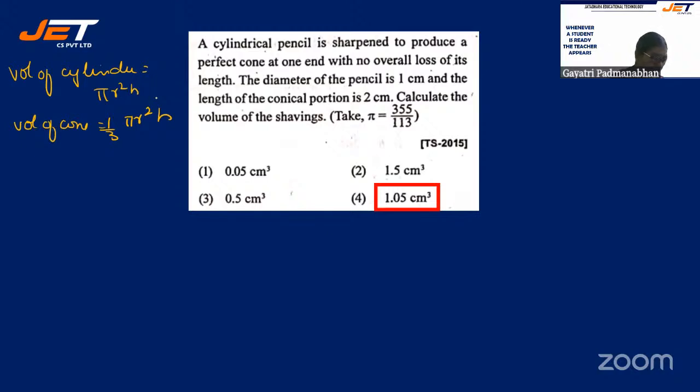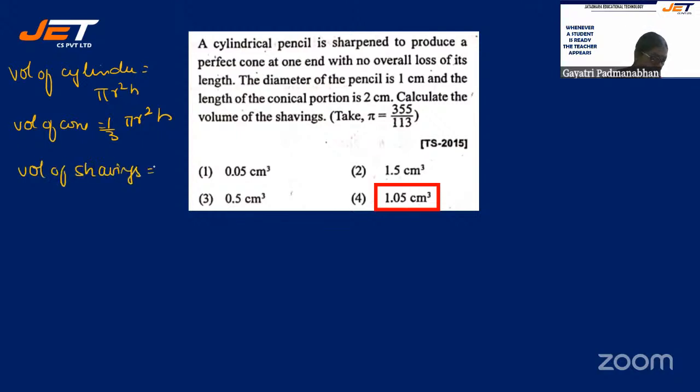So what is it that they are saying? They say that the diameter of the pencil, the cylindrical pencil, is sharpened to produce a perfect cone, which means that volume of the cylinder is equal to volume of the cone. So what is the volume of shavings?